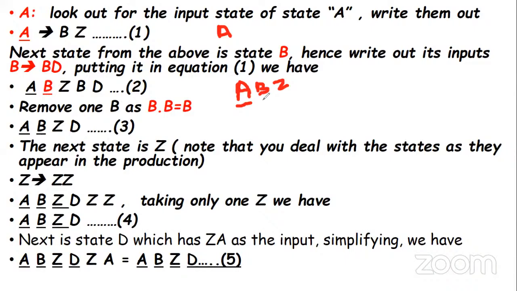So from the table, you know where we got BZ from, right? Yes, sir. Okay, so once you have written BZ, the first thing you look at is whether there is any repetition of letters, so that we don't have double nodes. There's no repetition, so you go to the next state on the generated inputs.